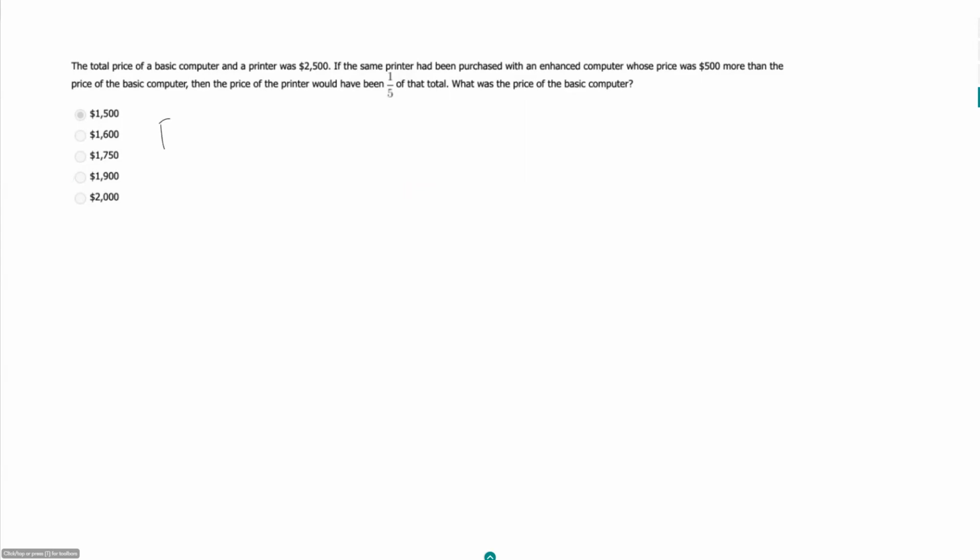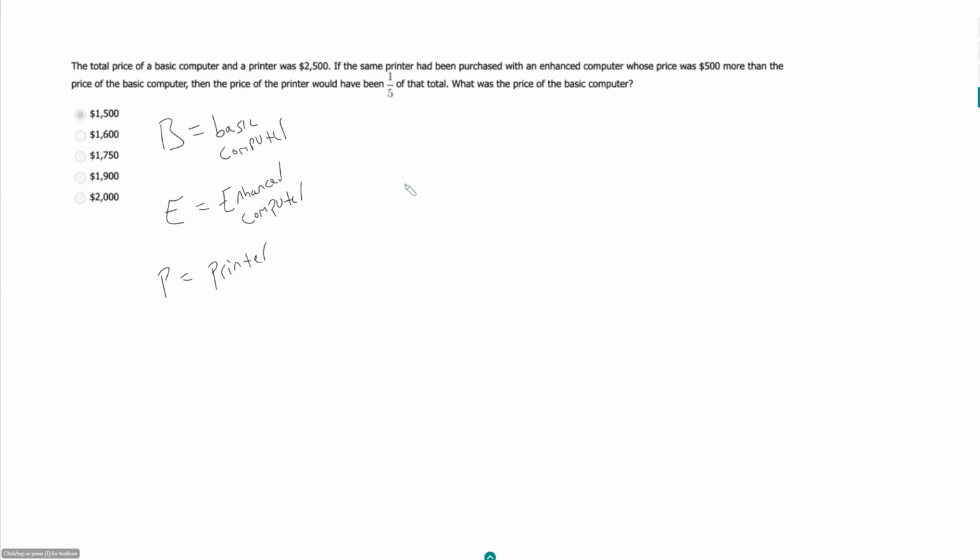So let's say B is our basic computer, E is our enhanced computer, and P is our printer. And this is the price of all of these things.